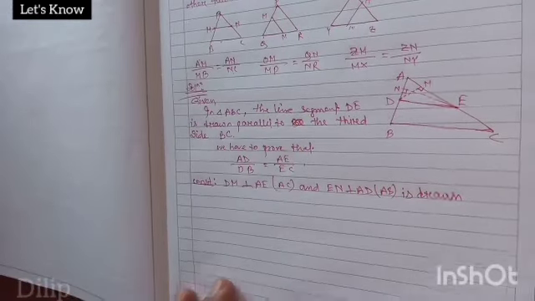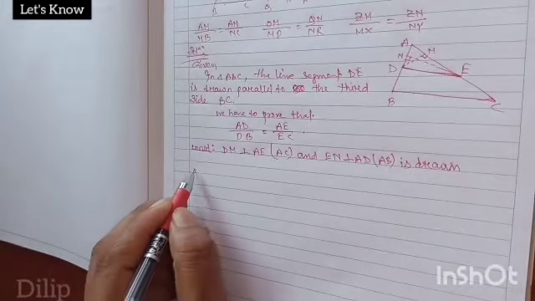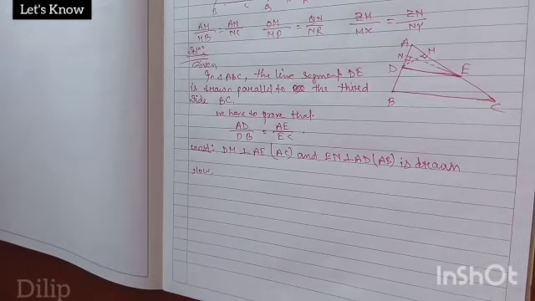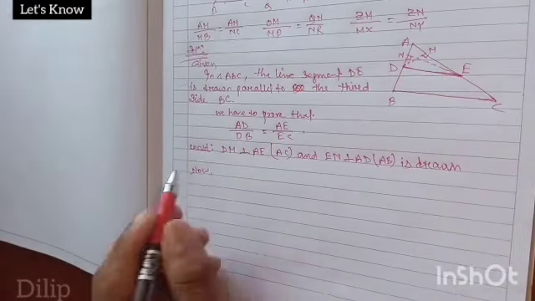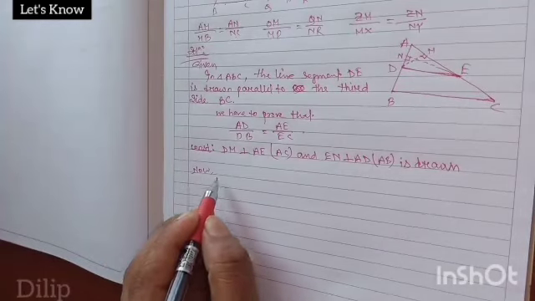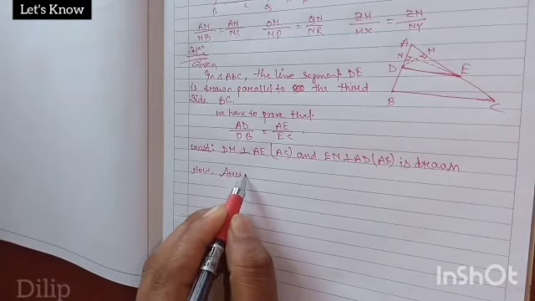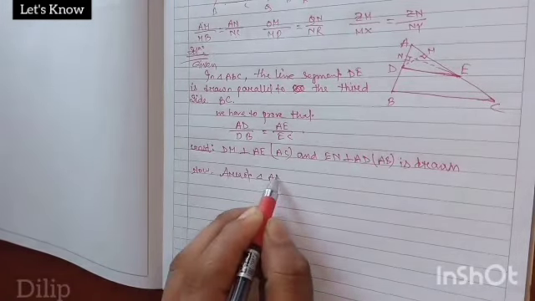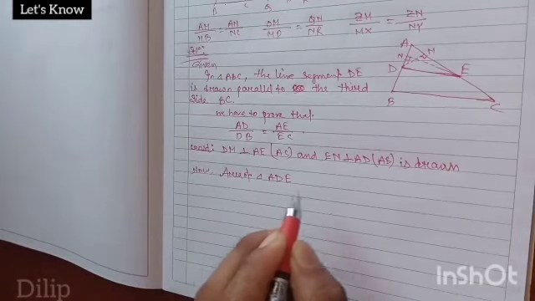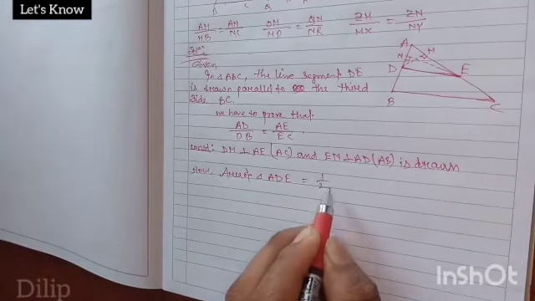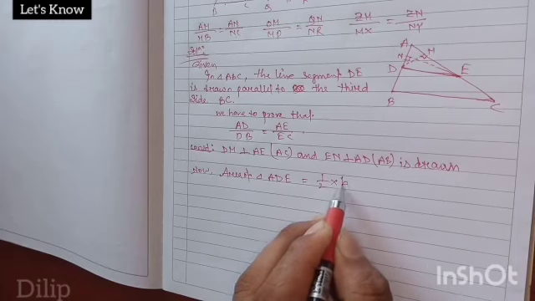Now see, find the area of triangle ADE. We know that area is half into base into height.